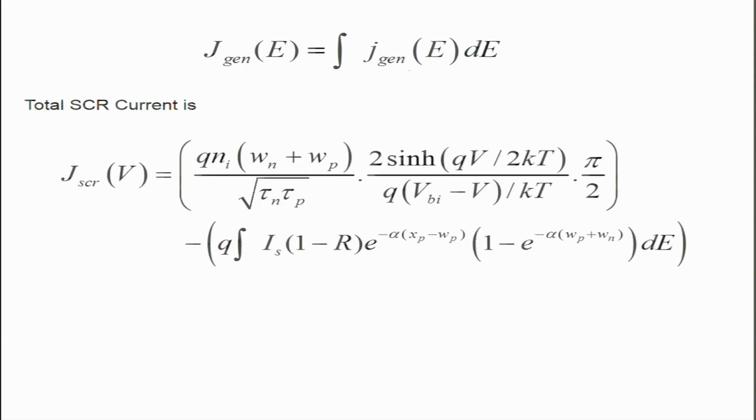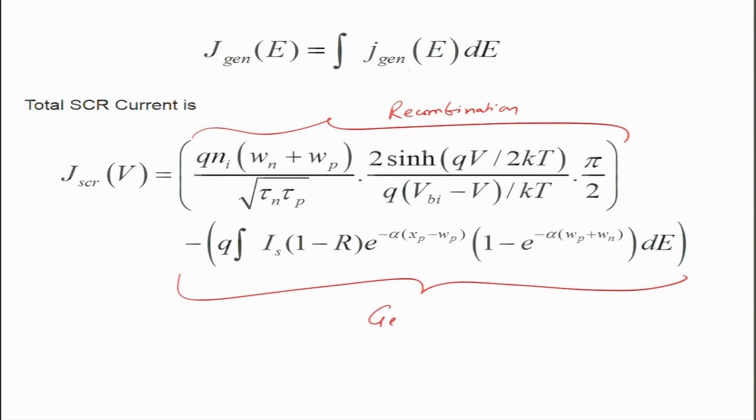Then the total current that you get is essentially this recombination current, and this is the generation current. You can see that it has a certain bias dependence here, and again these two terms are decoupled.